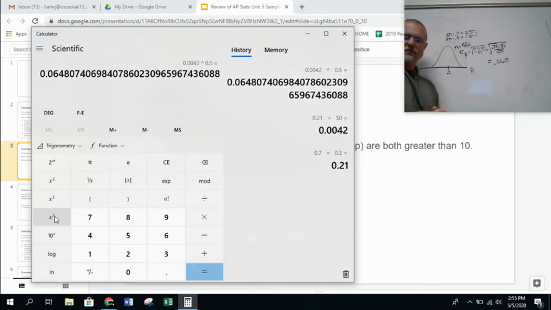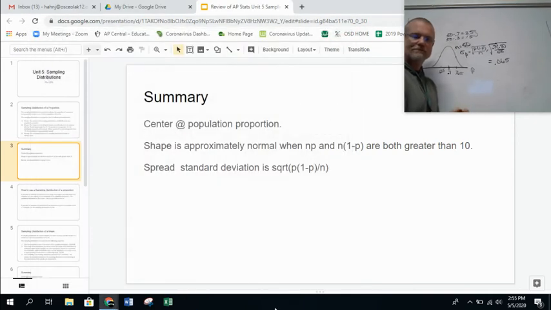I'm not going to be very surprised because typically we expect a lot of the data to live in there. So we like to show those two spots, 0.765 and 0.635. So we always show those at the inflection points. So there's our sampling distribution for this. All right, so that's our summary there.